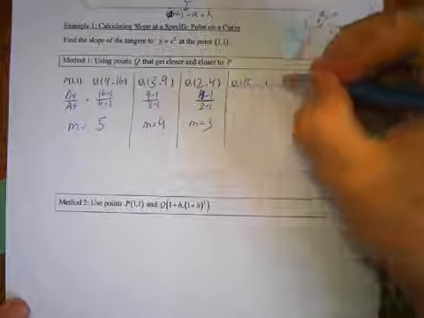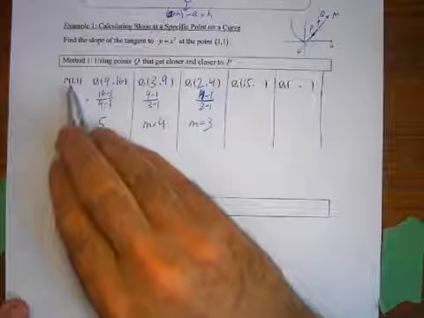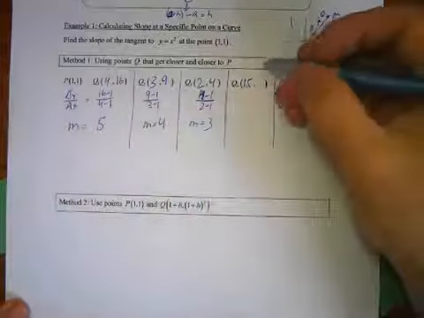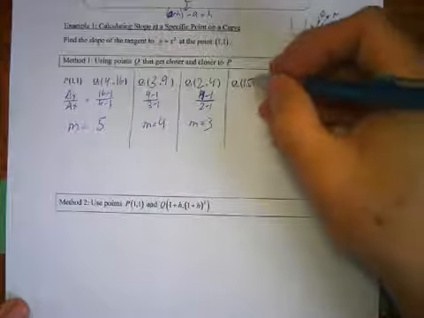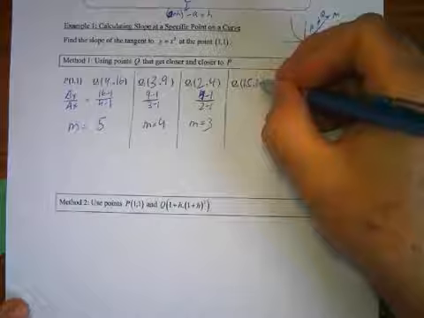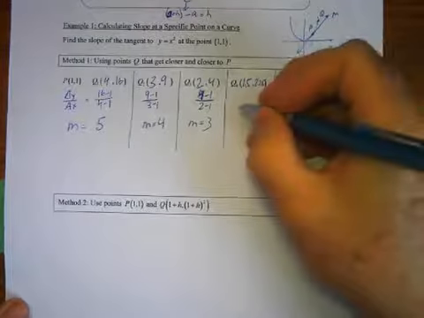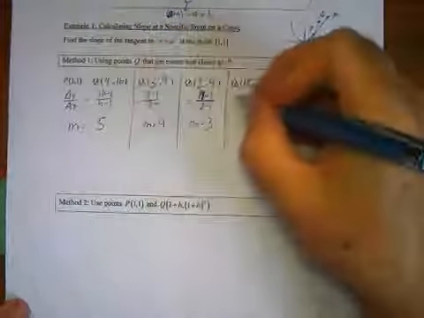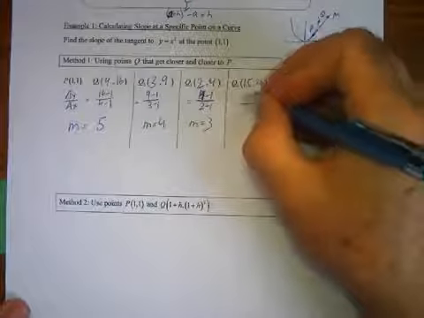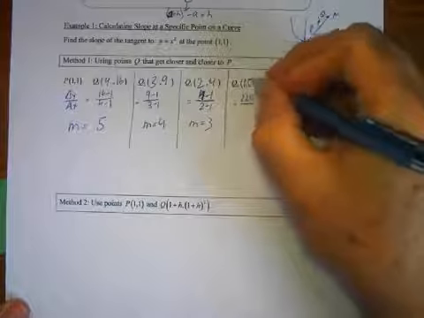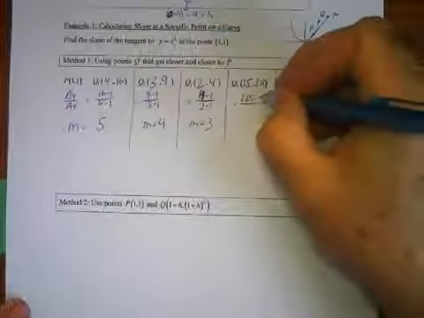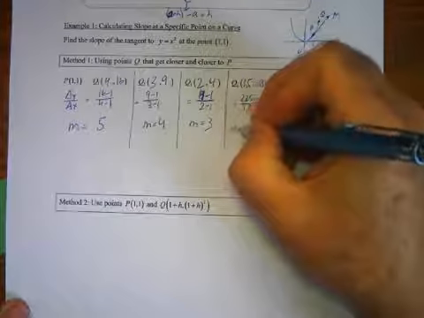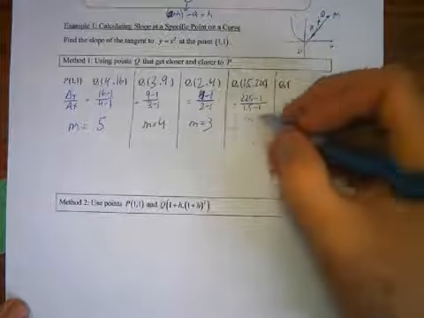Remember, P is at 1, and now Q is at 1.5, so the two points are getting pretty close together. 1.5 squared is 2.25, and my slope is 2.25 minus 1 over 1.5 minus 1, which gives a slope of 2.5.